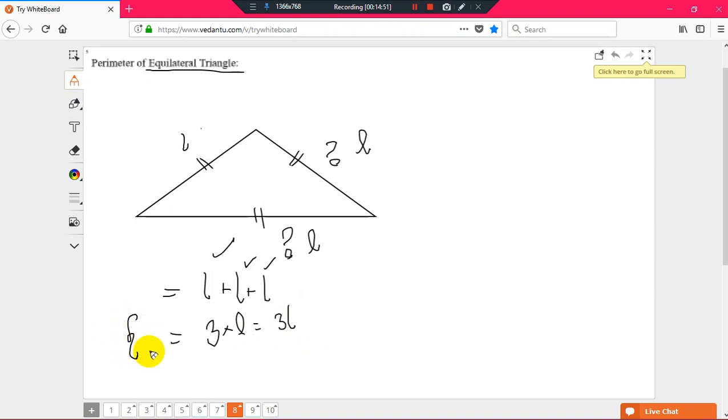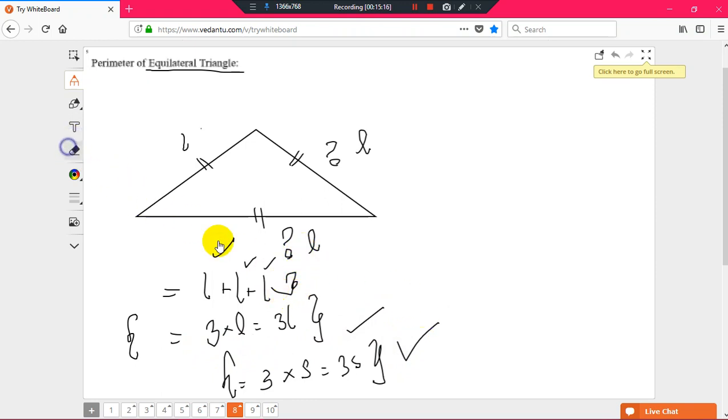This is the common one, and one more common is 3 into s, that is 3s. s and L denote one side of the triangle. So these two are common and L plus L plus L is the rare one. So we found how to find the perimeter of an equilateral triangle.